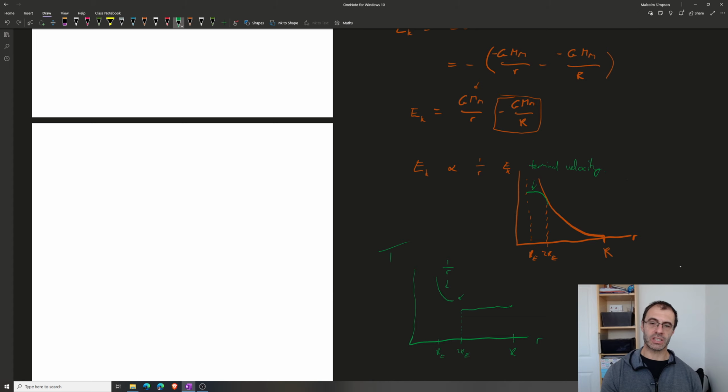Given that it doesn't slow down, at no time are we converting kinetic energy into heat. So I think my 1/r needs to come from there and look a little bit like that. So that's what I would go with.